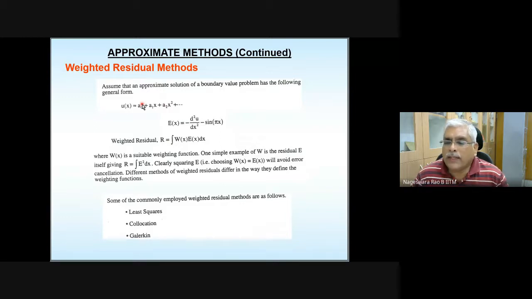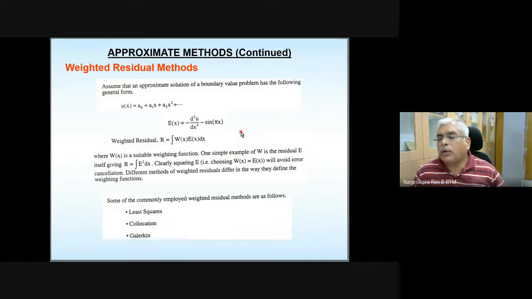So with that additional information, let's start with this as a trial solution. When you substitute this trial solution into the differential equation, you define an error function. Here what I have done is left hand side minus right hand side.